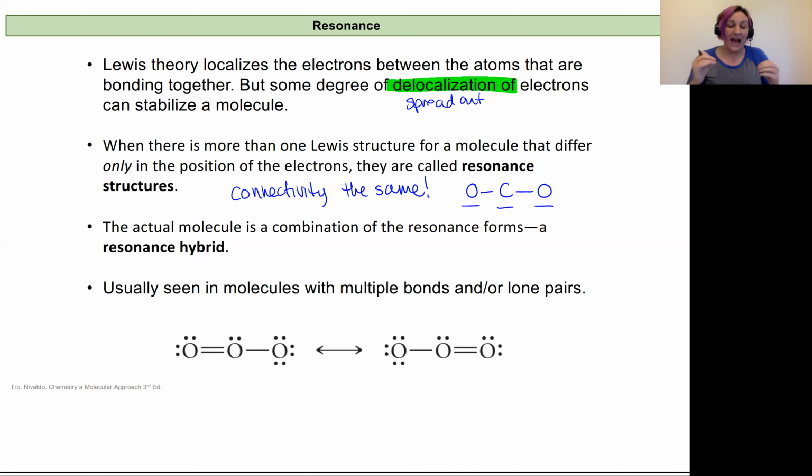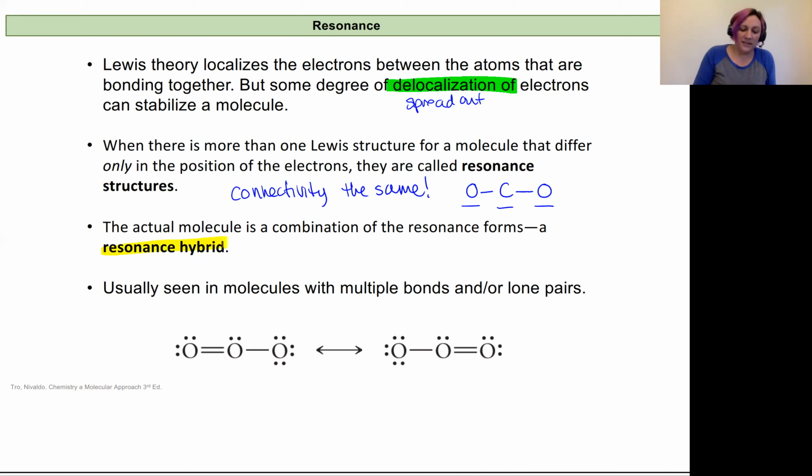Now, the actual molecule, if you were to study it using different instruments, you would build a picture. You wouldn't actually see it. The actual structure would be a hybrid, kind of an average of all of the different resonance structures that we created to describe it.